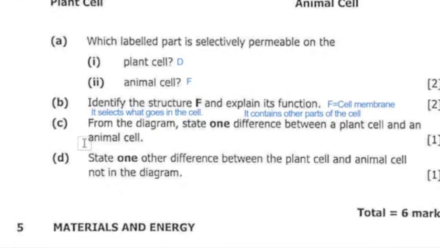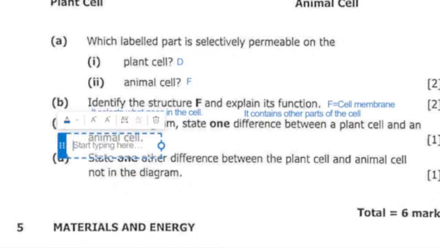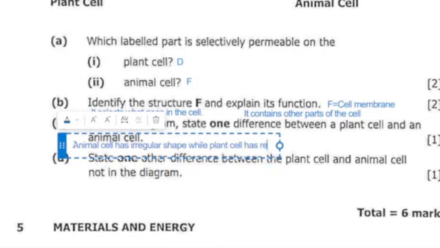So we can say animal cell has irregular shape, while plant cell has regular shape.